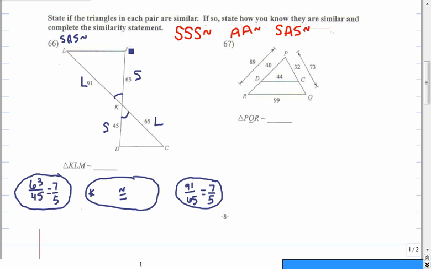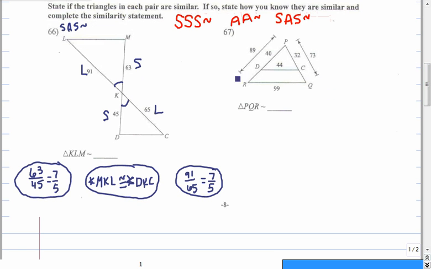MLK. We can name it MKL or LKM. K has to be in the middle because K is our vertex. Very good. So if we did MKL, we have to do angle what for the other one? DKC, angle DKC.